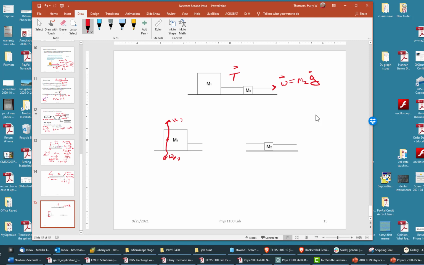There's no friction. That equals 0. So all we know is that there's a tension pulling it to the right. So that means that the acceleration of 1 is going to be whatever the tension is divided by M1.